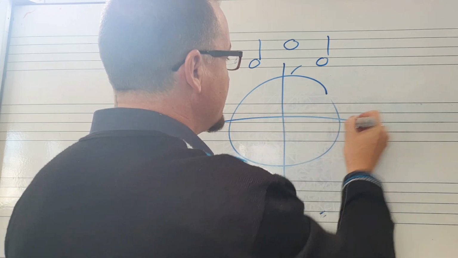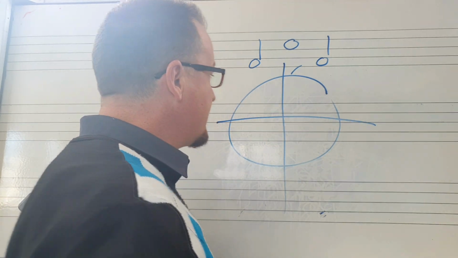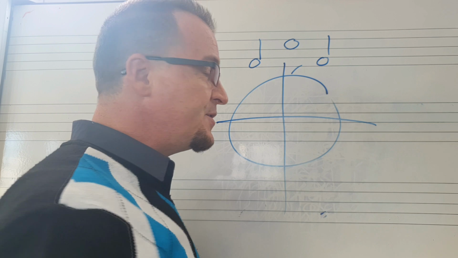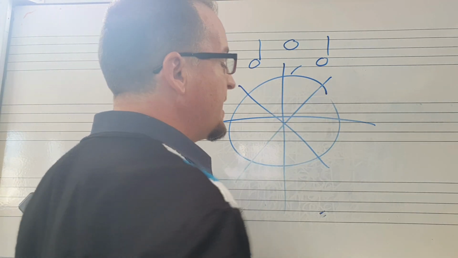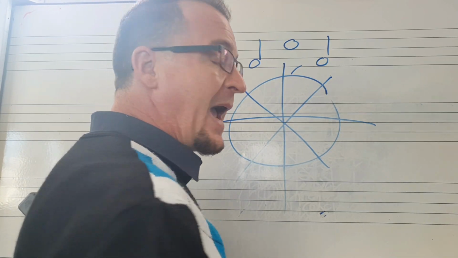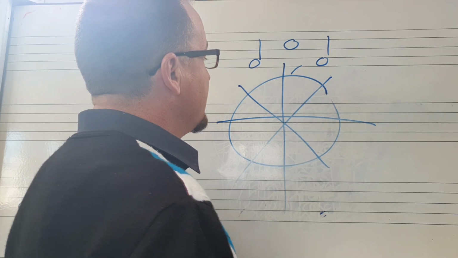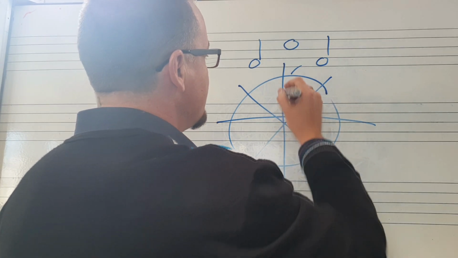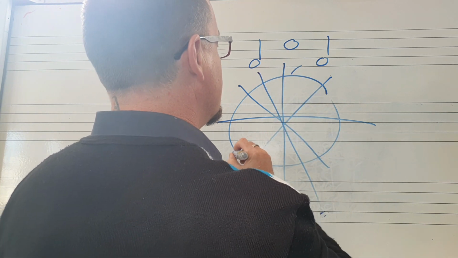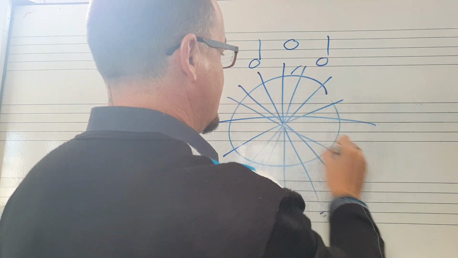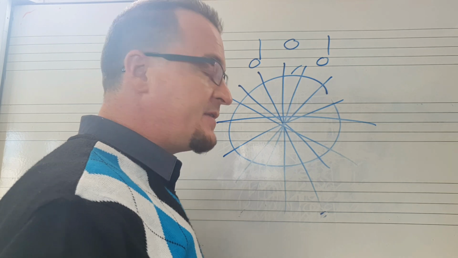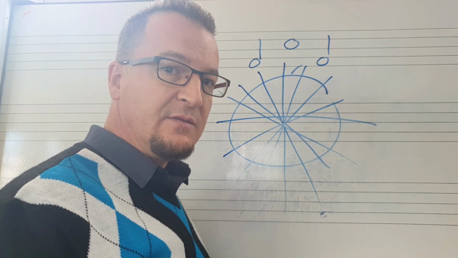If I cut the apple again, I get 4 quarters, and that's why the next note is called a quarter note. And if I keep cutting that apple, I get an 8th note, or 8 parts to the apple, 8 little bits of the apple. And if I go on, I end up with 16 little bits of the apple, and that's why we have a 16th note.